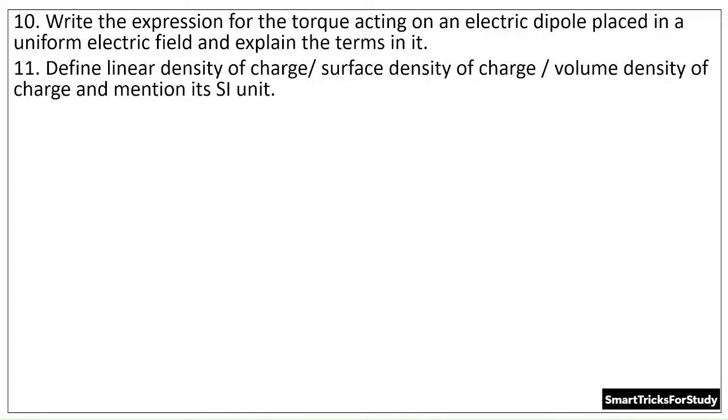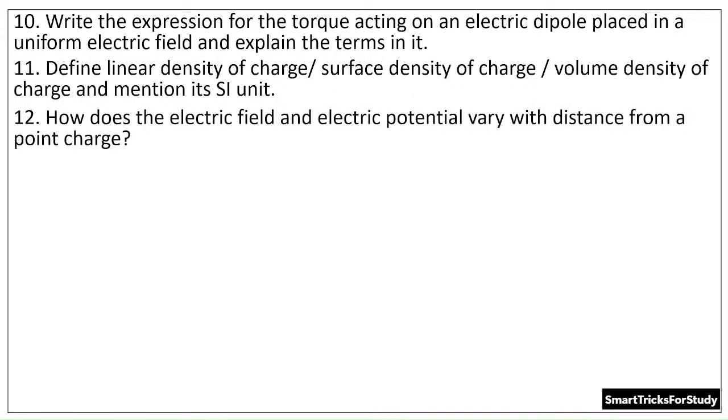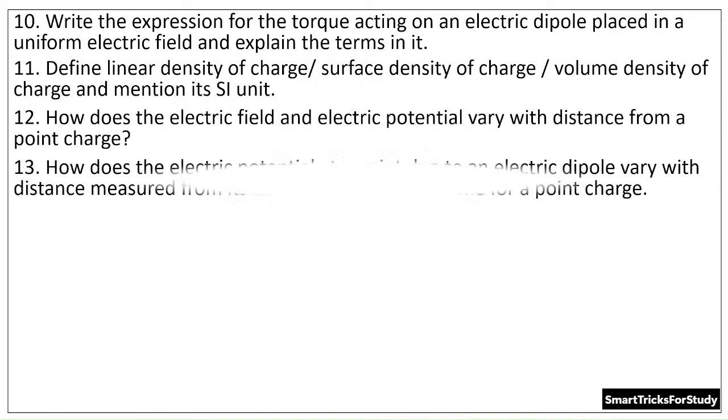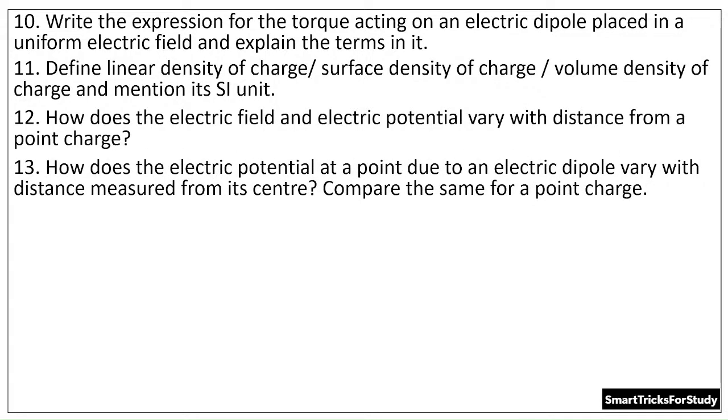11. Define linear density of charge, or surface density of charge, or volume density of charge and mention its SI unit. 12. How does the electric field and electric potential vary with distance from a point charge? 13. How does the electric potential at a point due to an electric dipole vary with distance measured from its center?